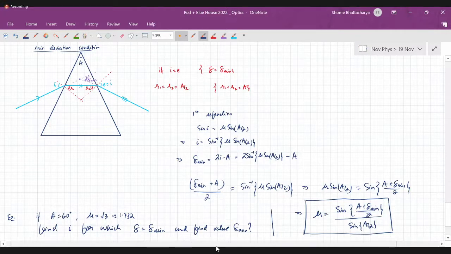So you see this one is an easy calculation. So just try and work this out, please.